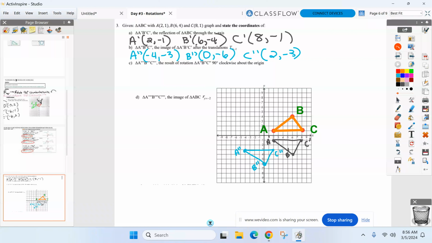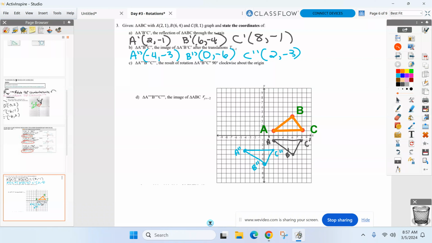A quarter turn to the right. You look at the double prime triangle and write down where the new coordinates are. And then graph it last. If you are memorizing the rules, you want to look for negative 90, right? 90 clockwise is the same as rotating at negative 90.